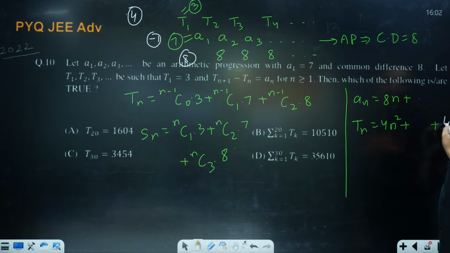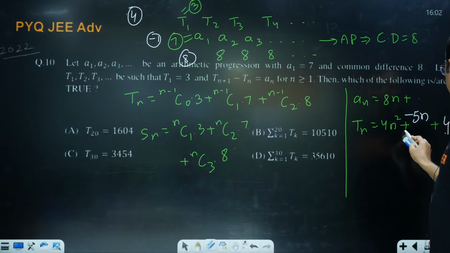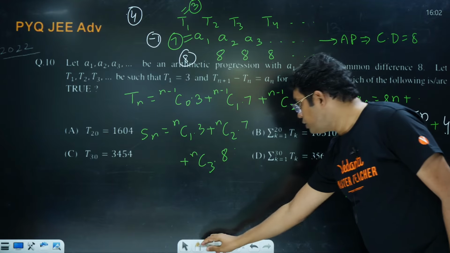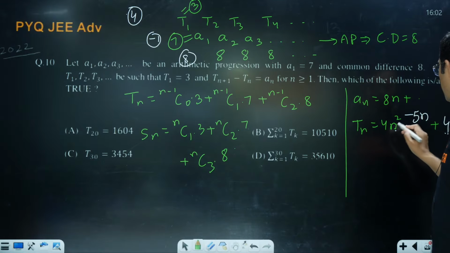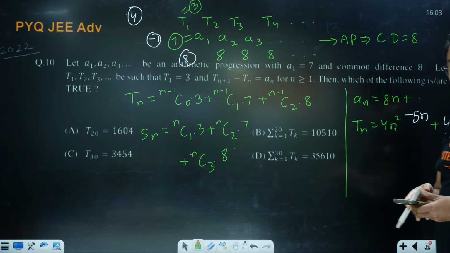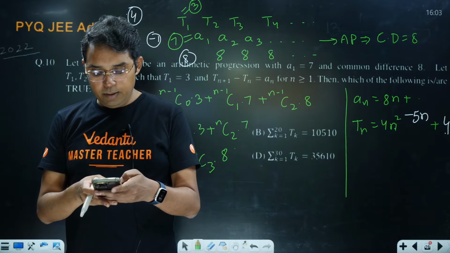It will be 4n square minus 5n plus 4, and that's it. Okay, so this is how you get Tn directly. I think I have explained it in detail before also, but now you see how these things become easy if you keep these things in mind.